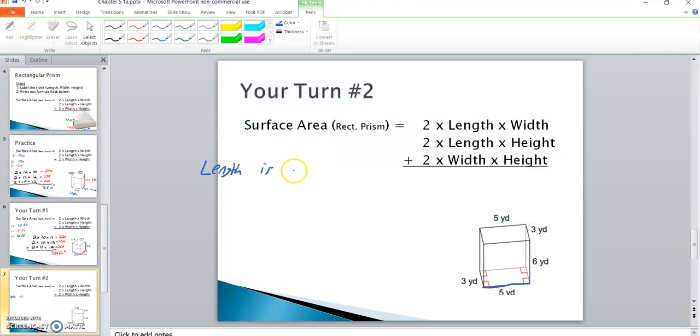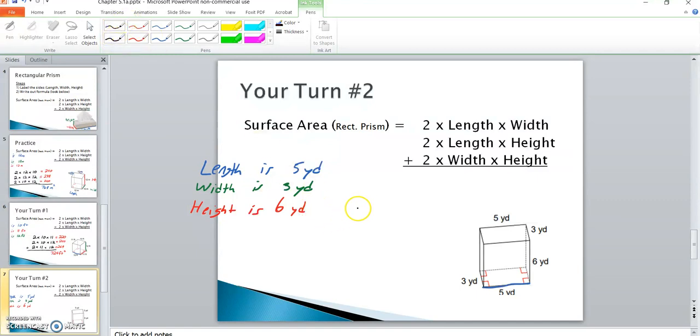So the length is 5 yards. The width is 3 yards. And the height is 6 yards.